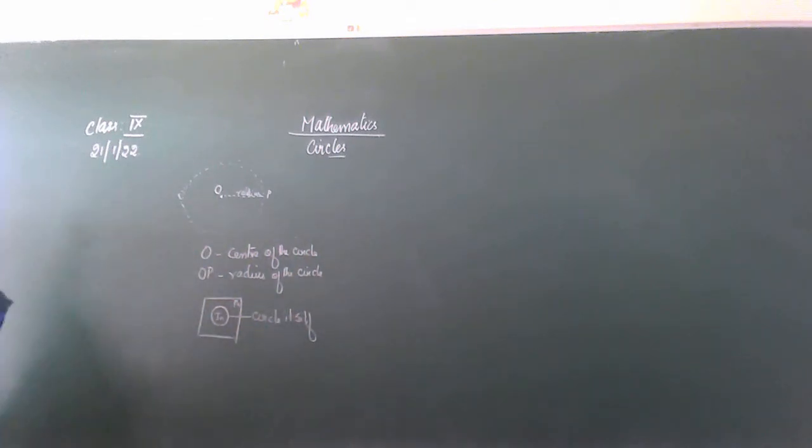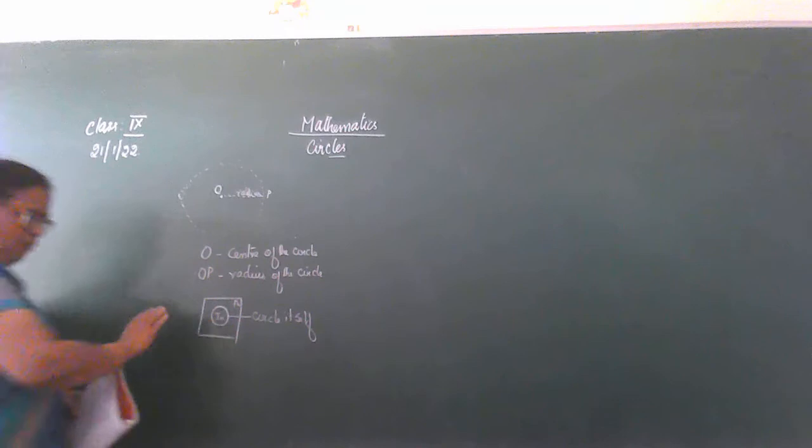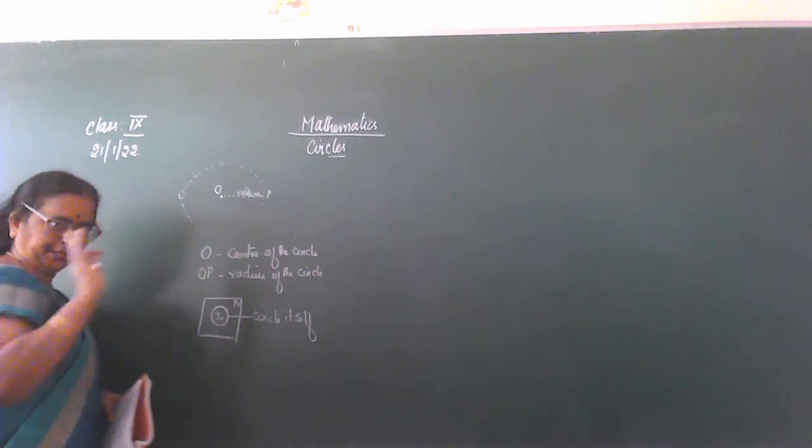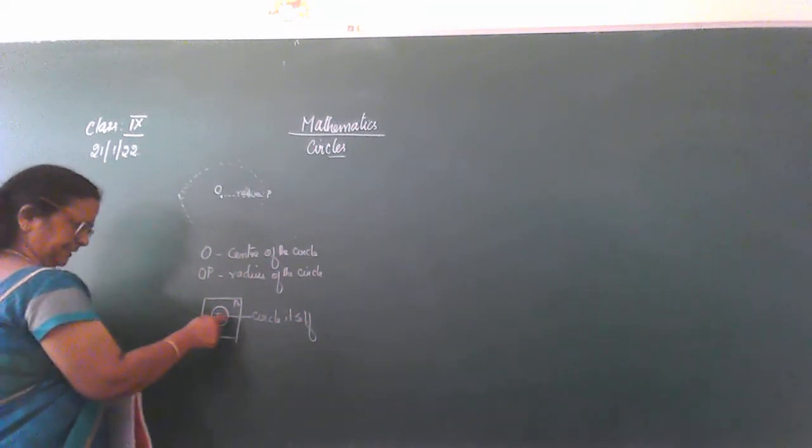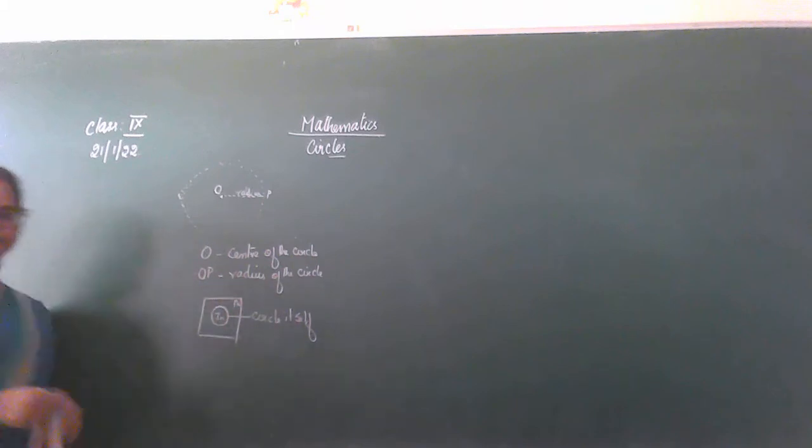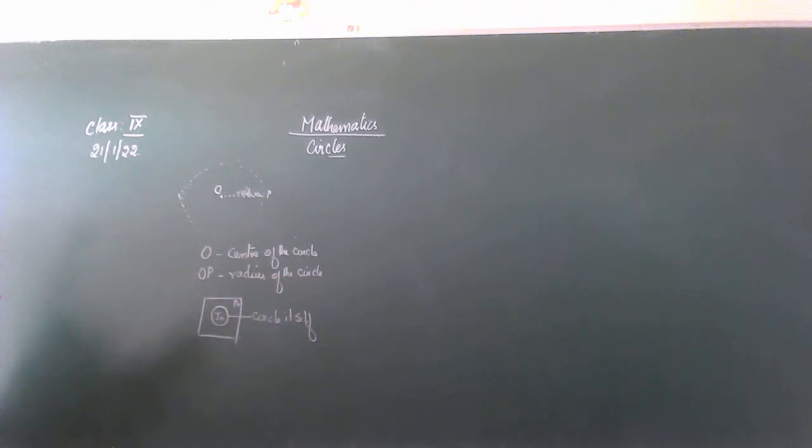The circle divides the plane on which it lies into three parts: the circle itself, the interior region and the exterior region of the circle.